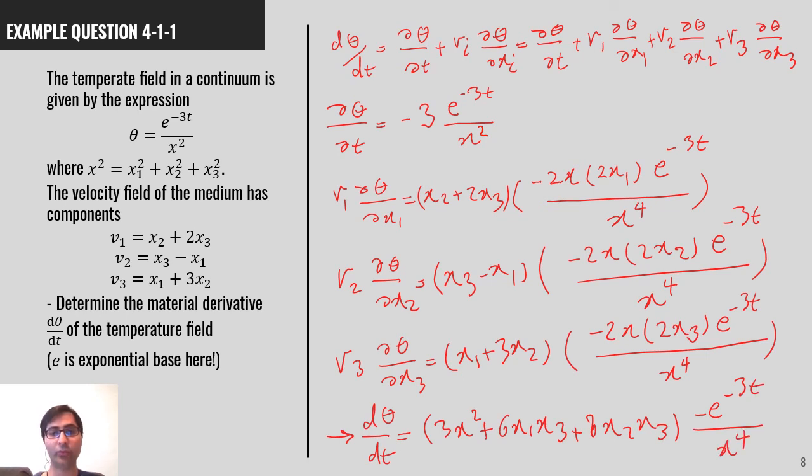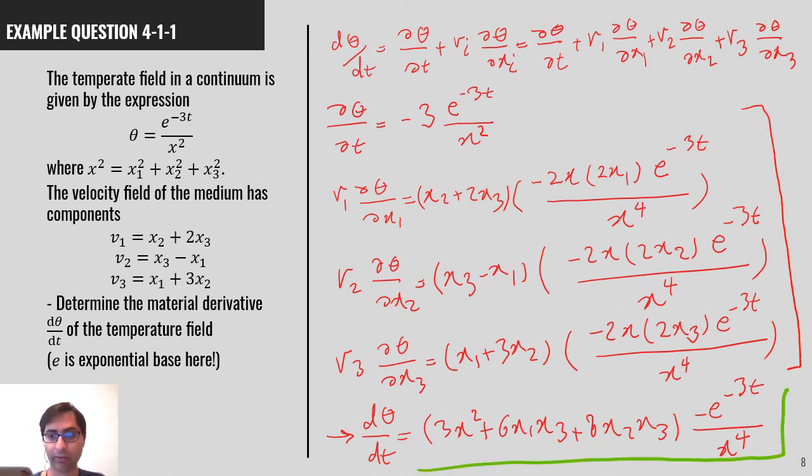And the same for v2 partial theta partial x2 and v3 partial theta partial x3. So replacing these into the relation for material derivative of theta, and simplifying it, we get d theta dt is equal to 3x squared plus 6x1 x3 plus 8x2 x3 multiplied by minus e to the power of minus 3t divided by x to the power of 4.